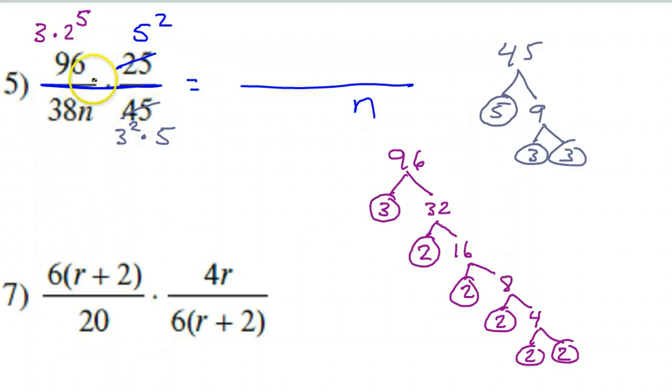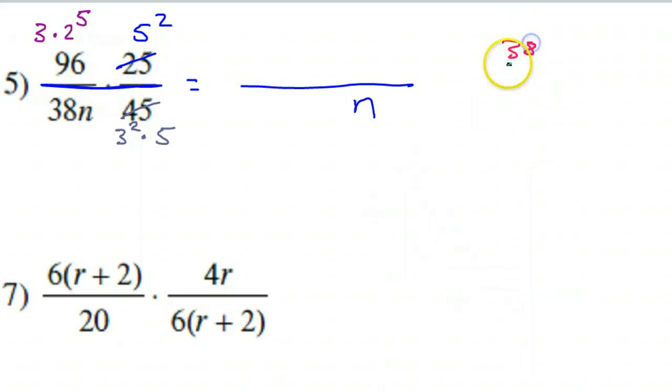How about 38? 38 is even. So that's going to be 2 times 19. And right away both of those are prime numbers, so there you go, prime factorization. So that's 2 times 19.